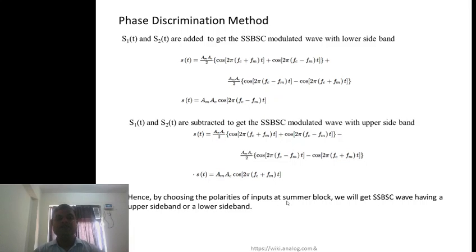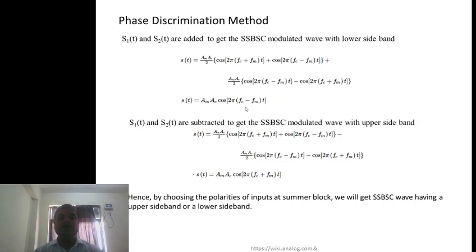Hence, by choosing the polarity, this equation consists of the upper sideband and this particular equation consists of the lower sideband. It means that just by using an adder and subtractor in the phase discrimination method, we are able to create a single sideband suppressed carrier signal which consists of the upper sideband or the lower sideband.